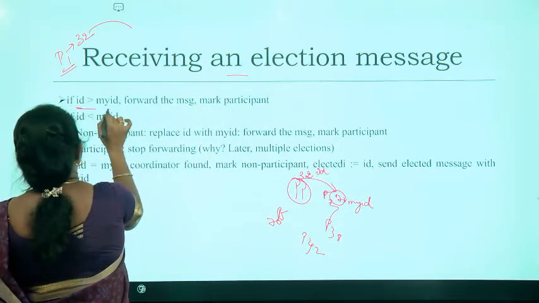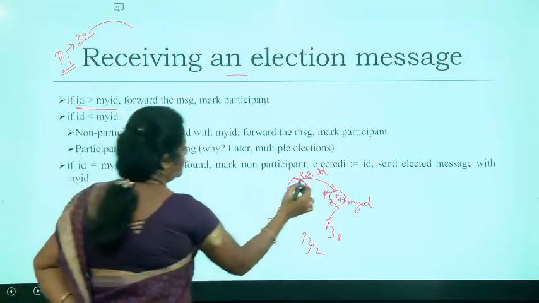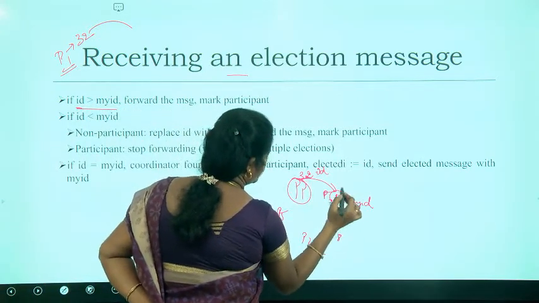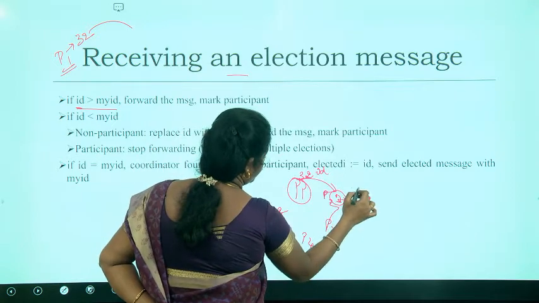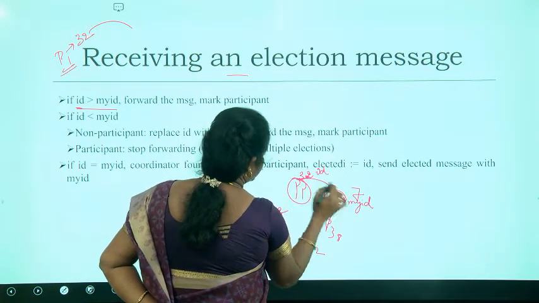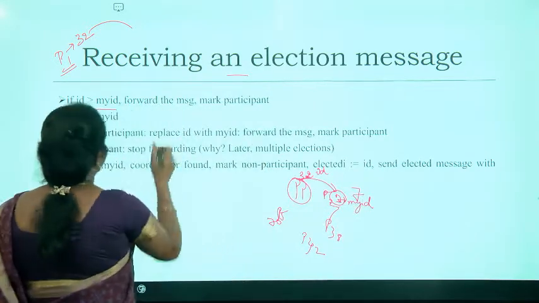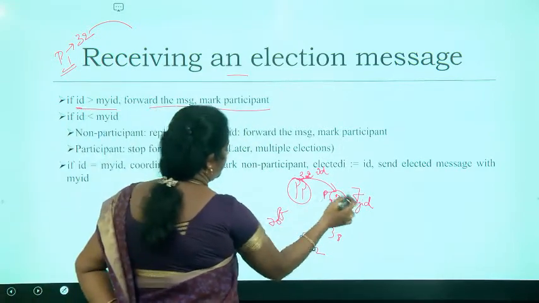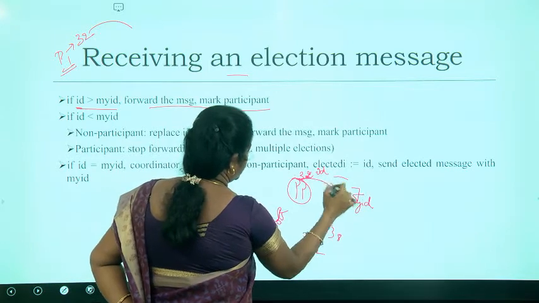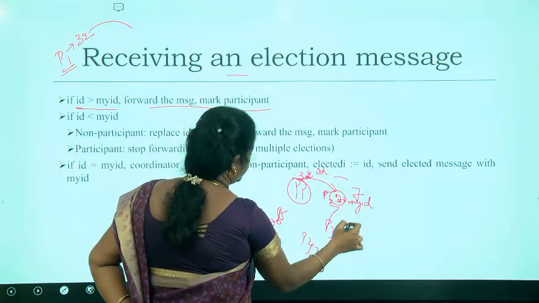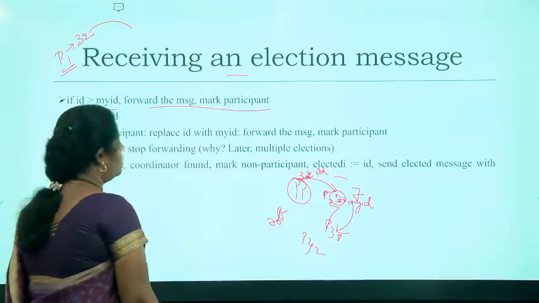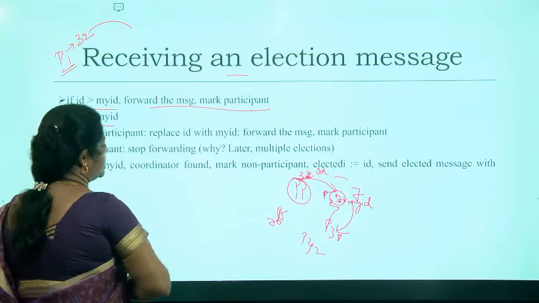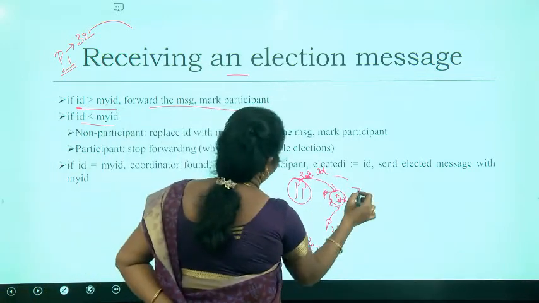If ID is greater than my ID, here the value is only 7, then forward the message and mark it as a participant. If it is greater, it will be forwarded to the next neighbor.